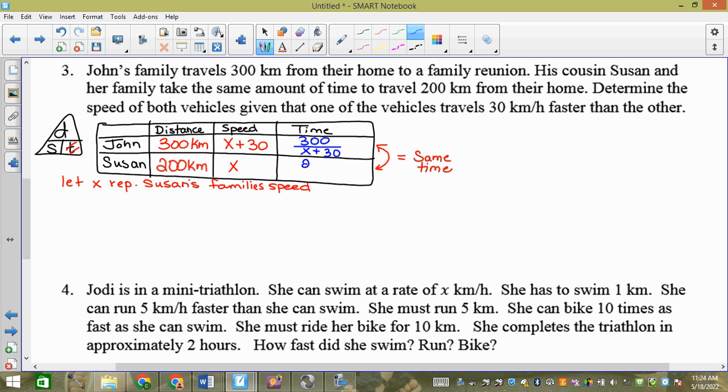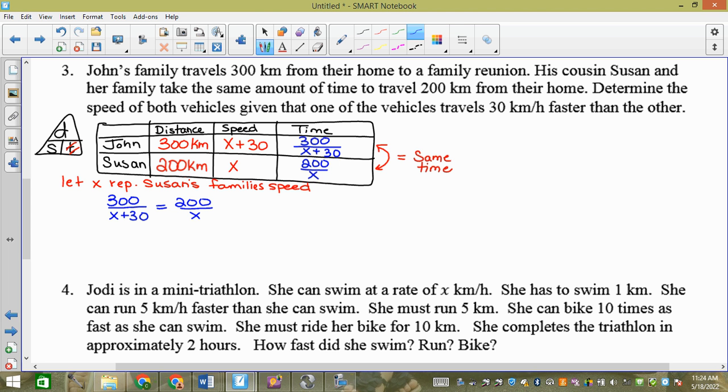And this one's going to be 200 over x. And we say same time, so what should we do? Last time we added the time, and it equaled the total time, correct? This time it says same time, so what do we have to do? Set them equal. So we go 300 over x plus 30 equals 200 over x.